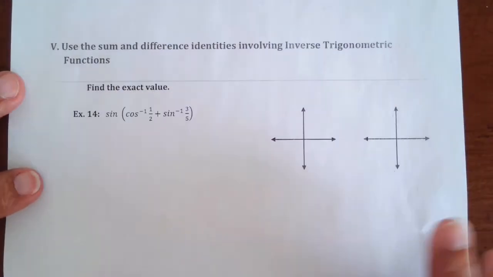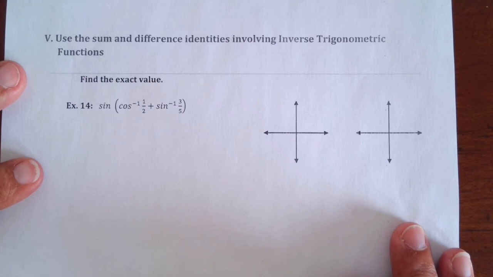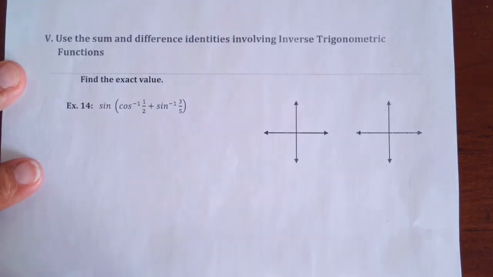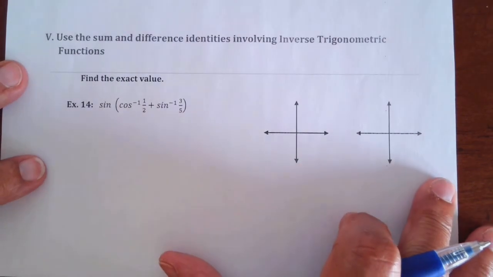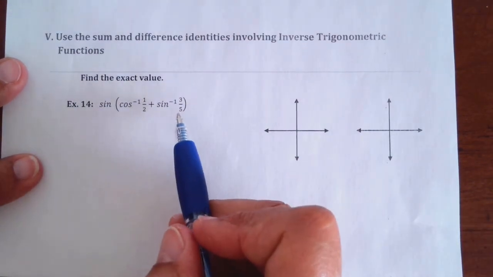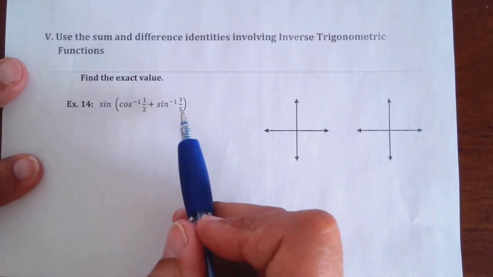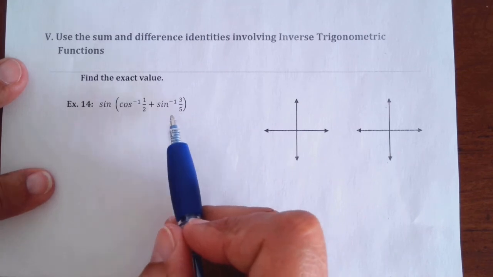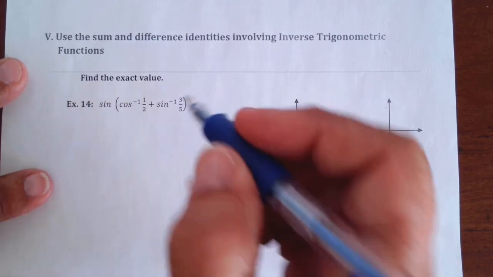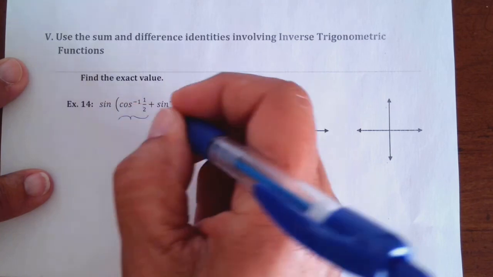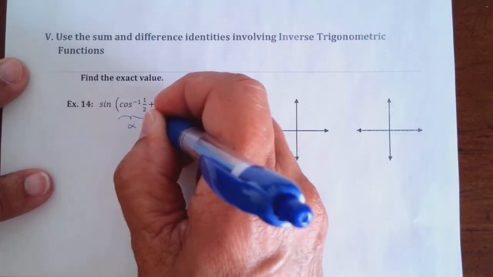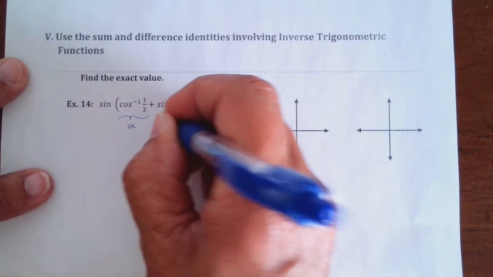All right, last problem. Find the exact value using inverse trig functions. This one is on the unit circle, but this one is not, so let's do them both the same way. The way I treat these is to look at our formula. I'll call this angle alpha, and I'll call this one angle beta.